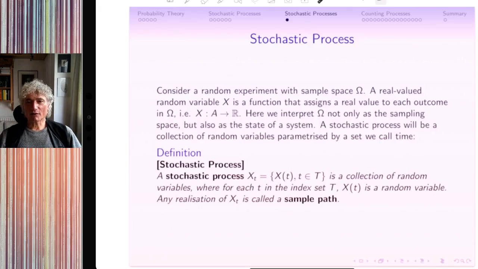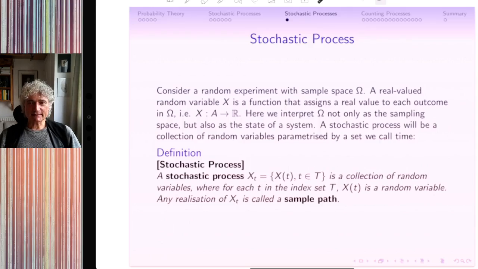Here we interpret omega not only as the sampling space but also as the state of the system. So this is important. In part 2 of this lecture series, we will of course look at states of the system, with the idea that the state is then depending on time. So we define some process that will change the state of the system.